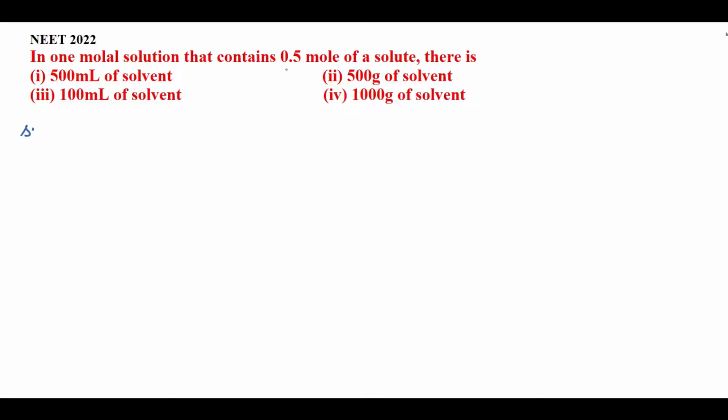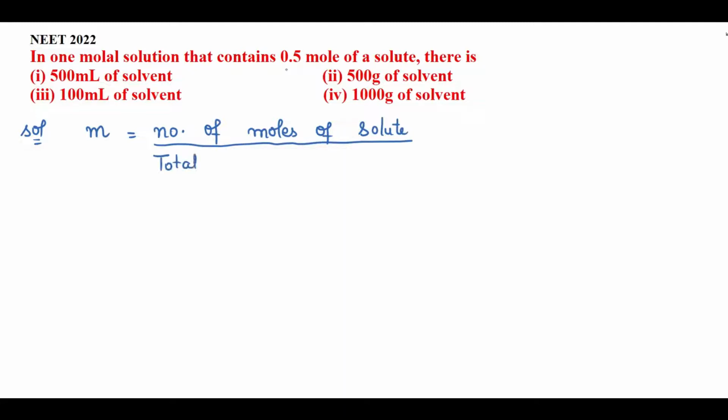So for this, I'll write the formula of molality, right? Molality is denoted by small m, that is the number of moles of solute present in the total mass of the solvent, and that should be in kg, right?